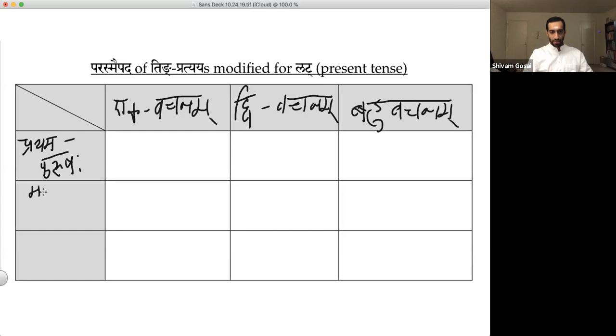We have madhyama purusha, which is our English second person. And then we have uttama purusha.